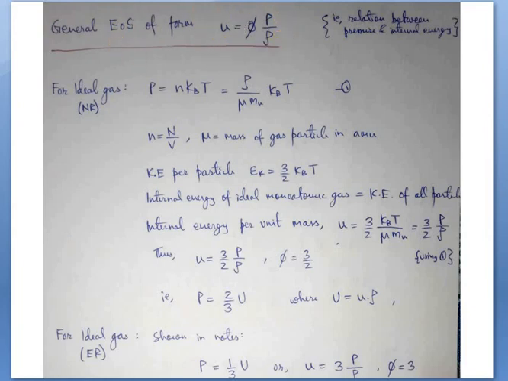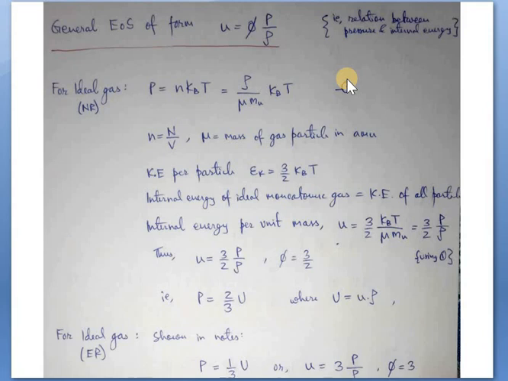Now, one of the general forms of the equation of state, you can write like this. This is a relation between pressure and internal energy U, the energy density. Now, let us investigate how this looks for the case of a non-relativistic ideal gas.